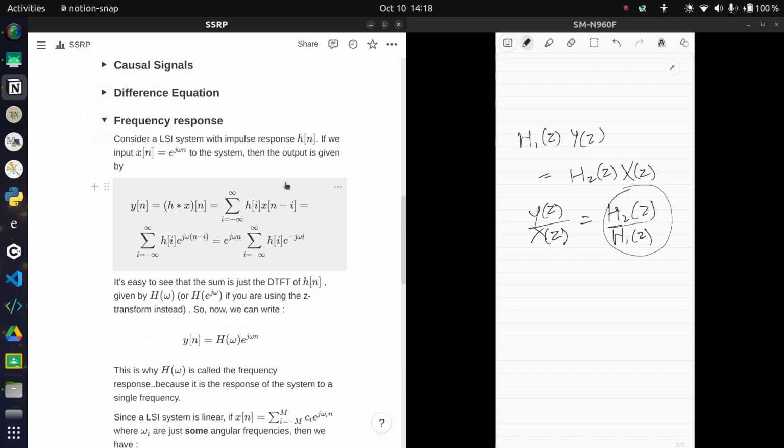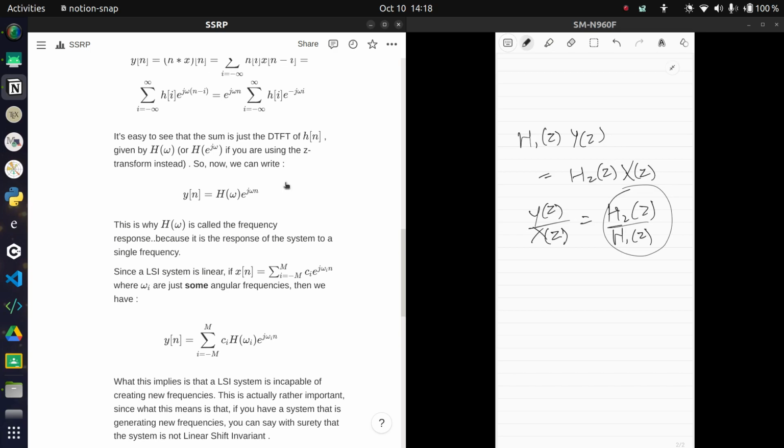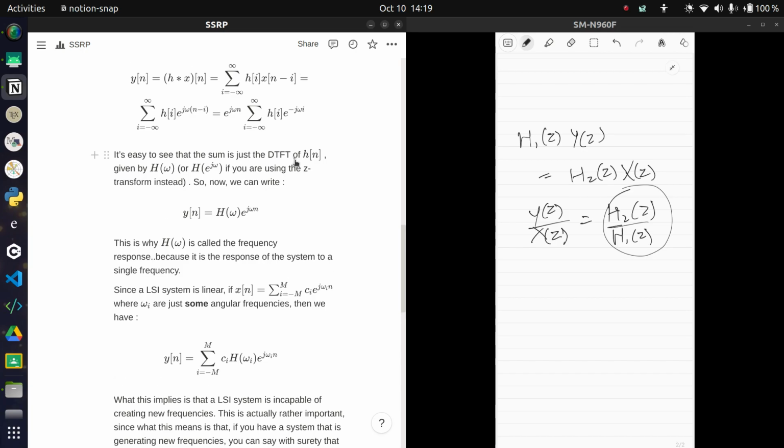Then you got frequency response. Basically, you put in e to the j omega n as your input, and you get e to the j omega n times H of omega as your output. H of omega is the frequency response. It's the DTFT of the impulse response, basically.